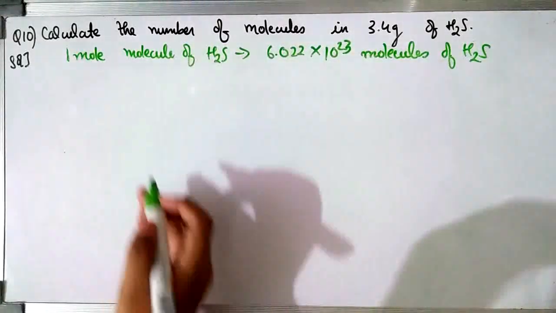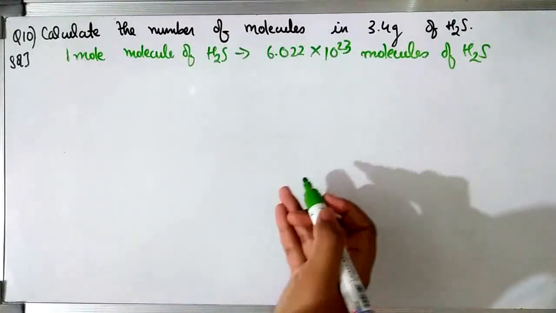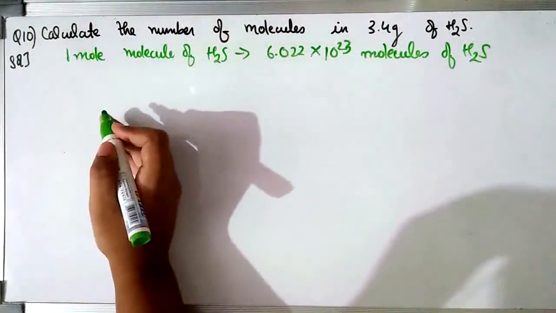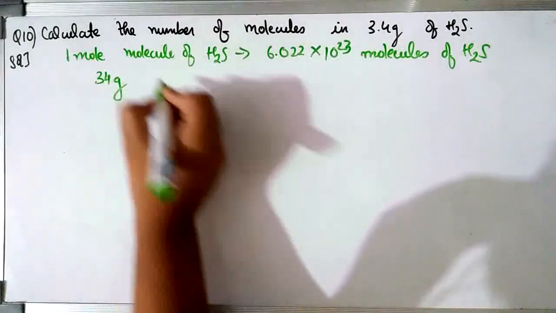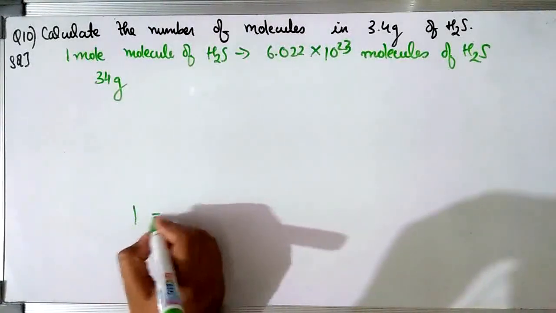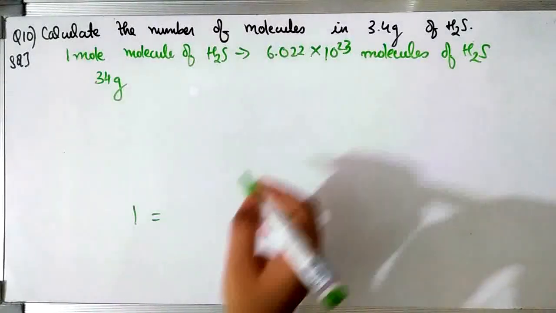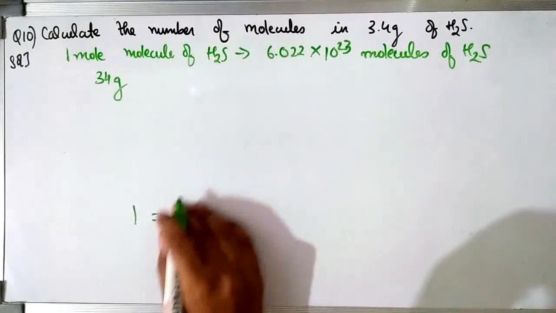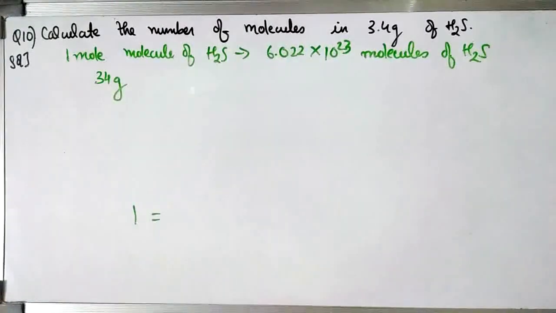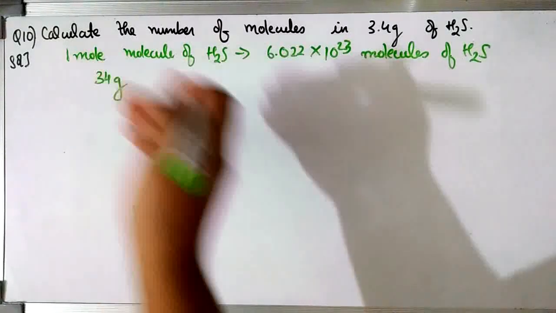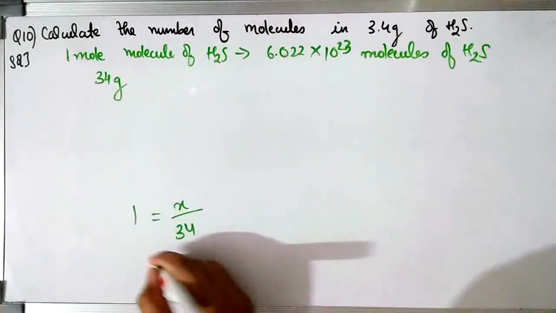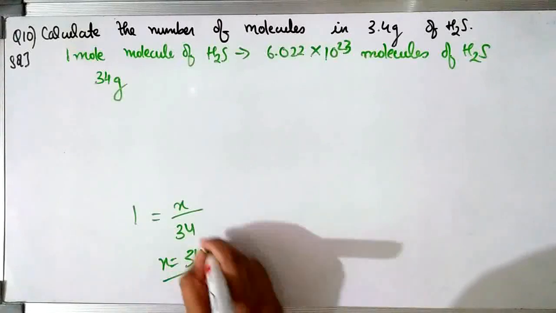Now when we use the formula that number of moles is equal to given mass upon the molecular mass, we find that for 1 mole the mass will be 34 grams. Let the given mass be x and the molecular mass be 34, so the given mass will be 34 into 1, that is 34 grams.